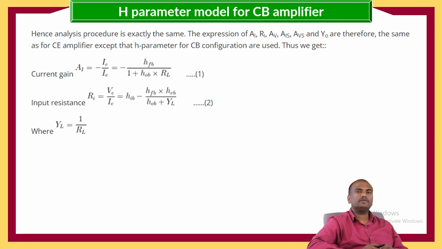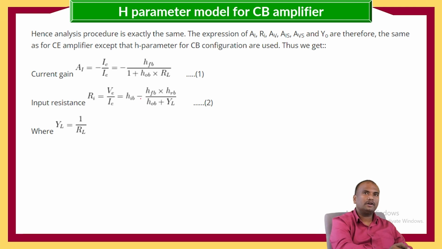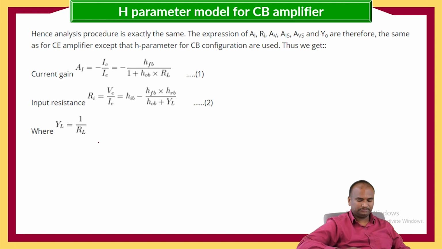Input resistance is equal to input voltage by input current, that is VE by IE, which is equal to HIB minus HFB into HRB by HOB plus YL, where YL is equal to 1 by RL.